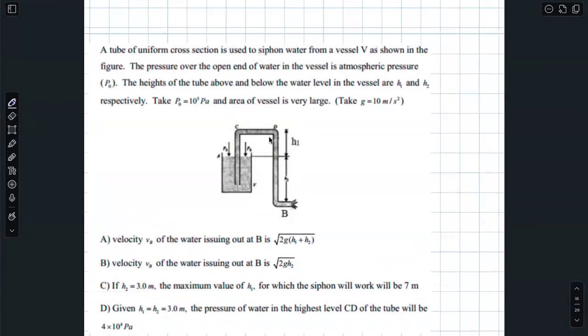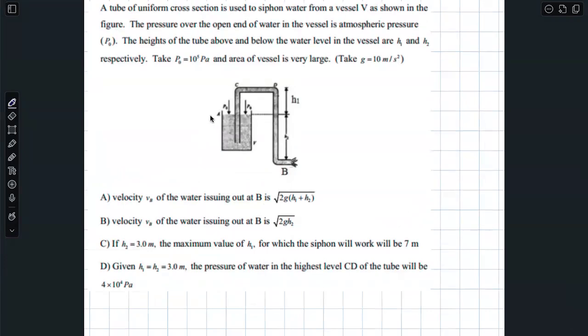See, what is the first condition for working of siphon? Do you remember? I have given the conditions: rho g (H1 plus H2) must be less than or equal to P naught for the working condition of siphon. And one more important condition: what is the velocity of efflux at B?